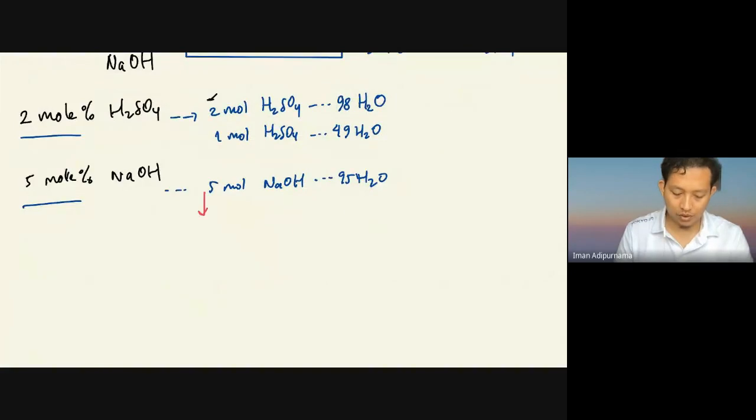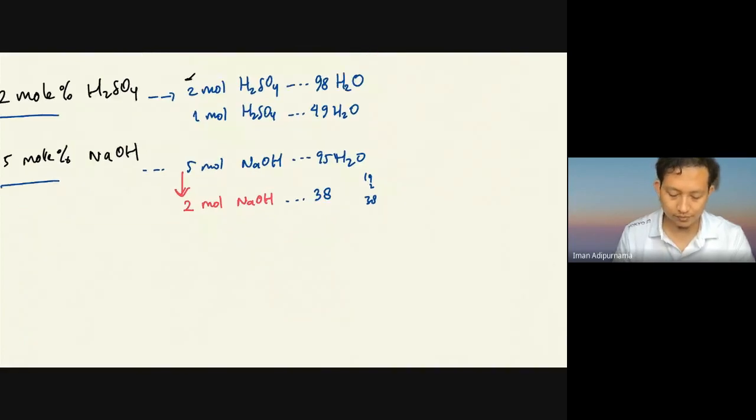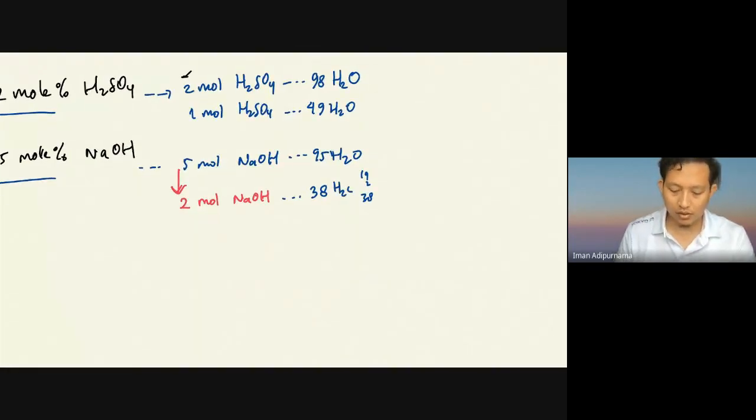So if we write this as 2 mole of natrium hydroxide, this will be 38, right? 19 multiplied by 2, so yeah, 38 water.